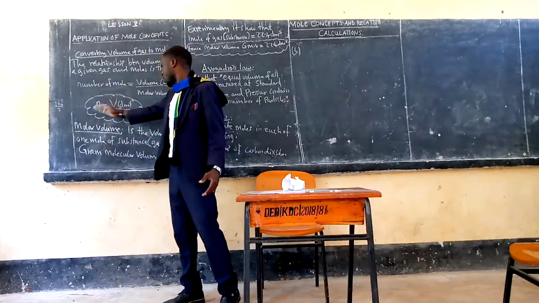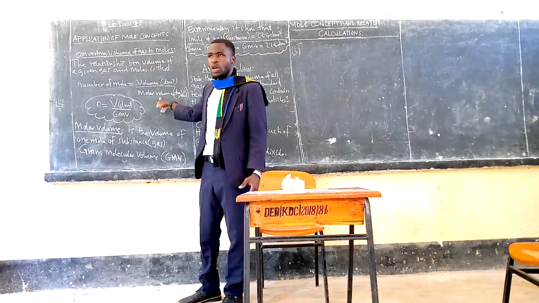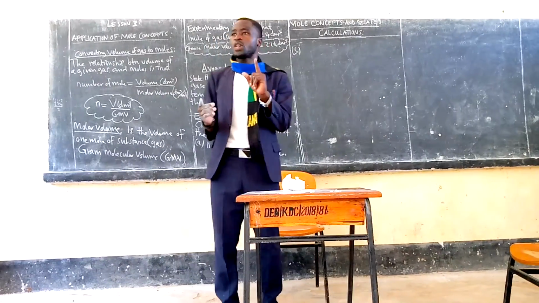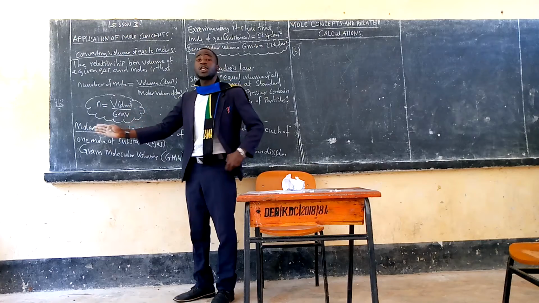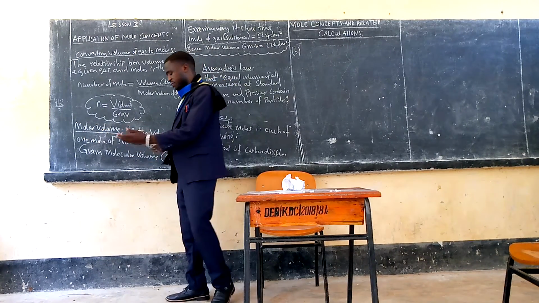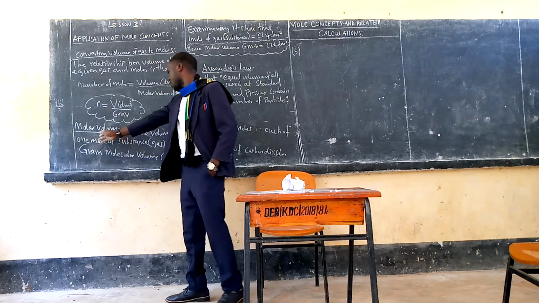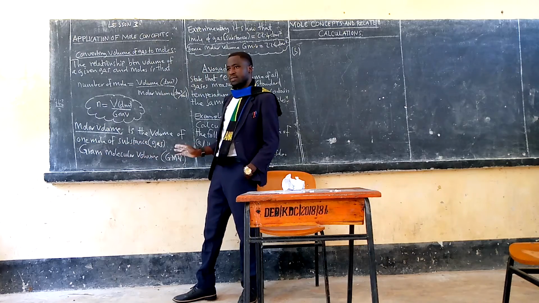Now, before going further, we need first to understand what we mean by the term molar volume. We say molar volume is nothing but the volume of 1 mole of a substance.